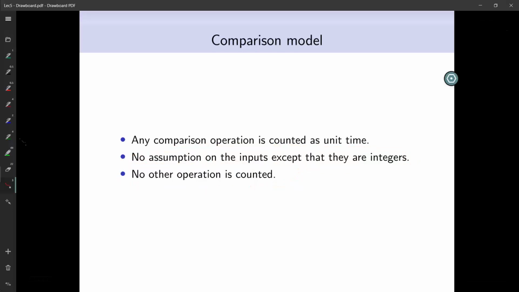You can ask why, since moving an array element or swapping elements and so on can be counted. Typically, for a comparison operation you will not be doing an unbounded number of such operations, only a bounded number. So asymptotically, up to constant factor, our analysis will be good enough in such cases.